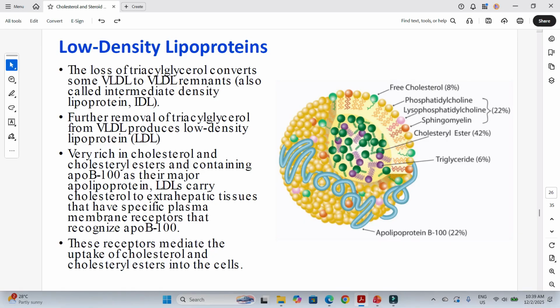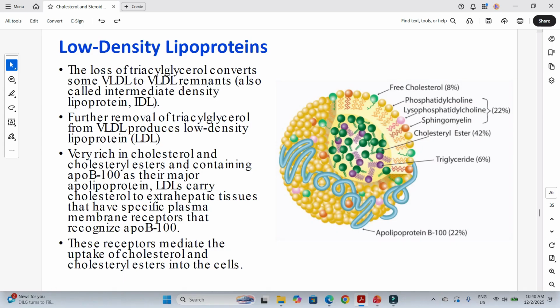LDLs essentially carry cholesterol to extrahepatic tissues that have specific plasma membrane receptors that recognize ApoB100. So the low-density lipoproteins can be thought of as trucks that deliver cholesterol and cholesterol esters to peripheral tissues, okay? To muscles and to other tissues, for example, that require cholesterol. I mentioned ApoB100.